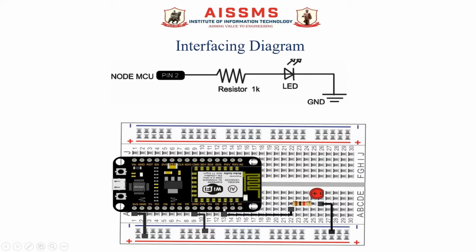So here this D2 pin is connected to this LED by using this resistor. The negative terminal of the LED is connected to ground. And this is the micro USB cable which we will connect to our laptop or PC through the USB connector.